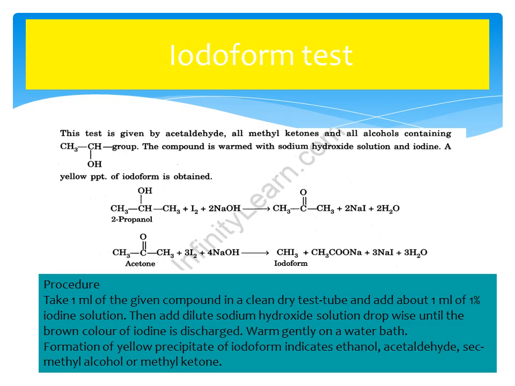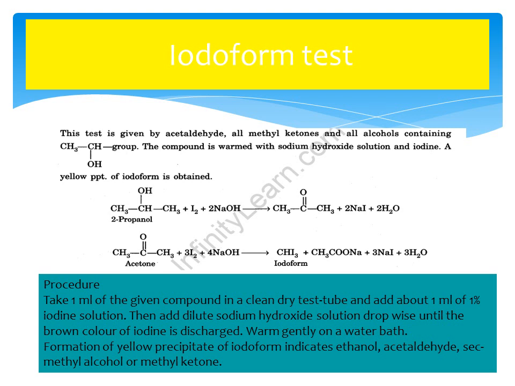Okay, we come across one of the most important tests, the iodoform test, which is specific for methyl alcohols, ethanol (ethyl alcohol), and secondary methyl alcohols, along with acetaldehydes and methyl ketones. They all give a positive response to the iodoform test.